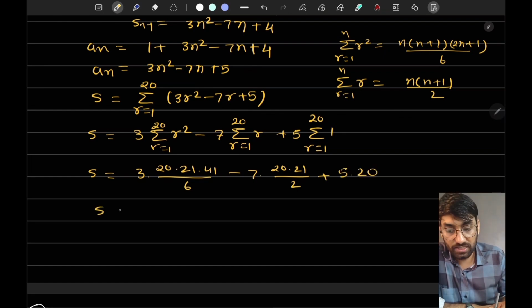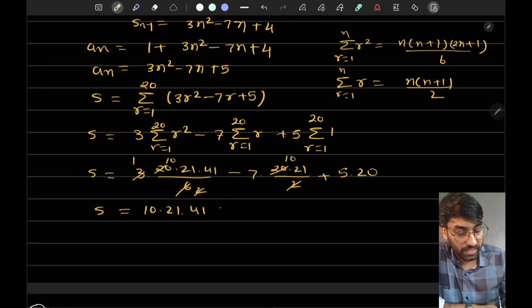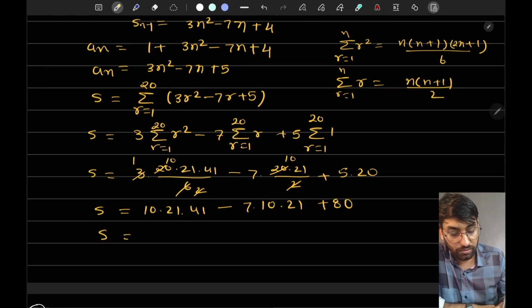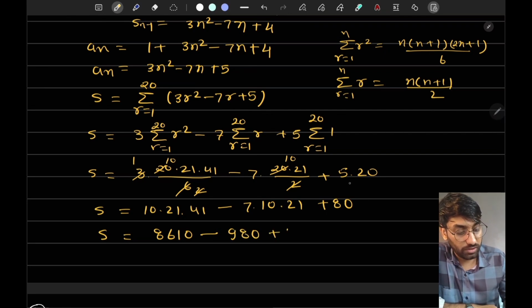So my S value will become 10 into 21 into 41, here 10 times, minus 7 into 10 into 21, plus 100. So overall S I will get 8610 minus 1470 plus, oh sorry, here I will get 100.